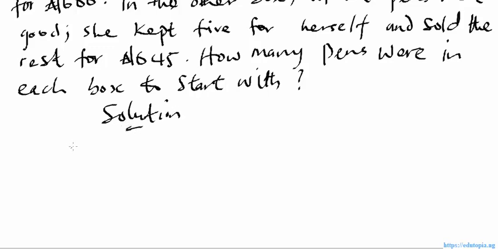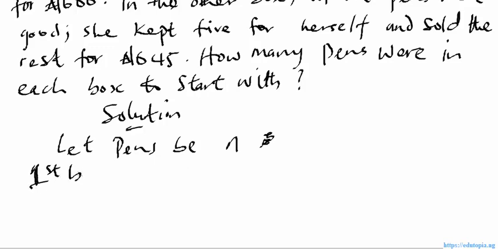Now let's represent the pens in each box with the letter N. Let the pens in each box be N. Now in the first box, it becomes N minus 8, because the total number of pens in the first box is N, and 8 of them were bad.